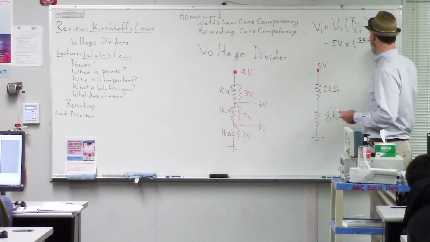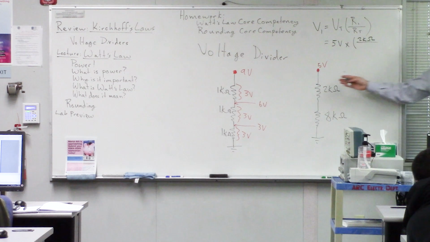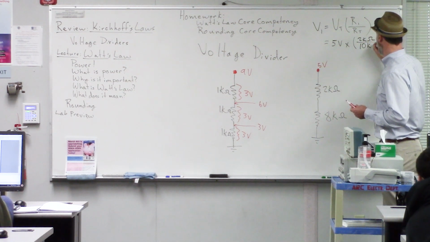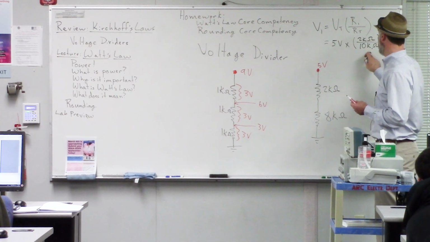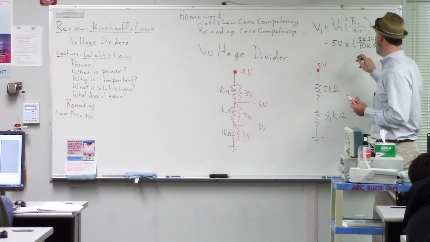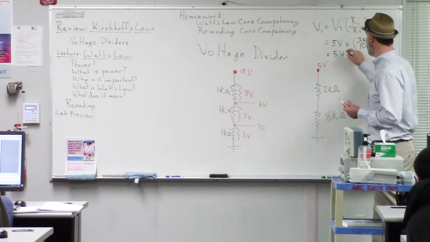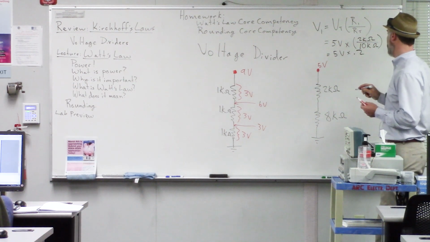And then what would be the total resistance for this circuit? 10 kiloohms, exactly, just 2 plus 8. So 2 kiloohms over 10 kiloohms. So that is 5 volts times, it works out to be 0.2 if we did that on the calculator.